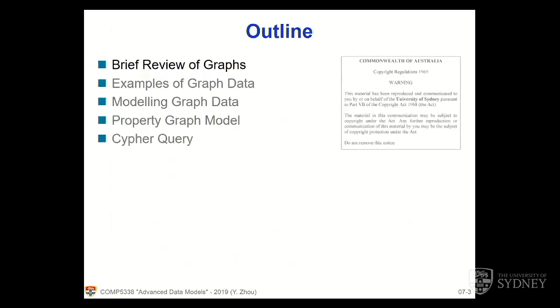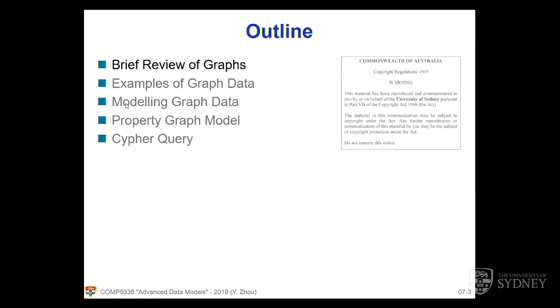Okay, so this is today's outline. First, we will have a really brief review of graphs, and mainly graphs in programming languages as a data structure. And then we'll see examples of graph data. And you will find out, okay, actually there are a lot of things that can be modeled as graphs. And actually, nearly everything can be modeled as a graph.